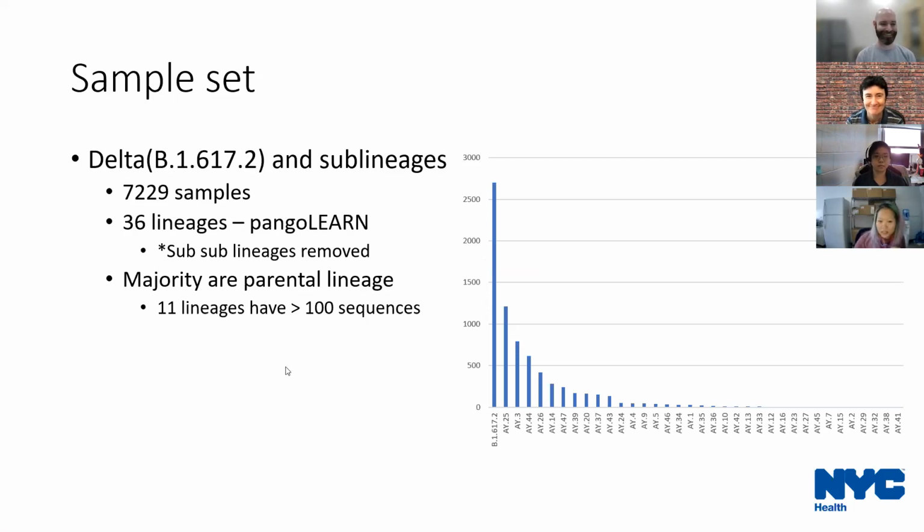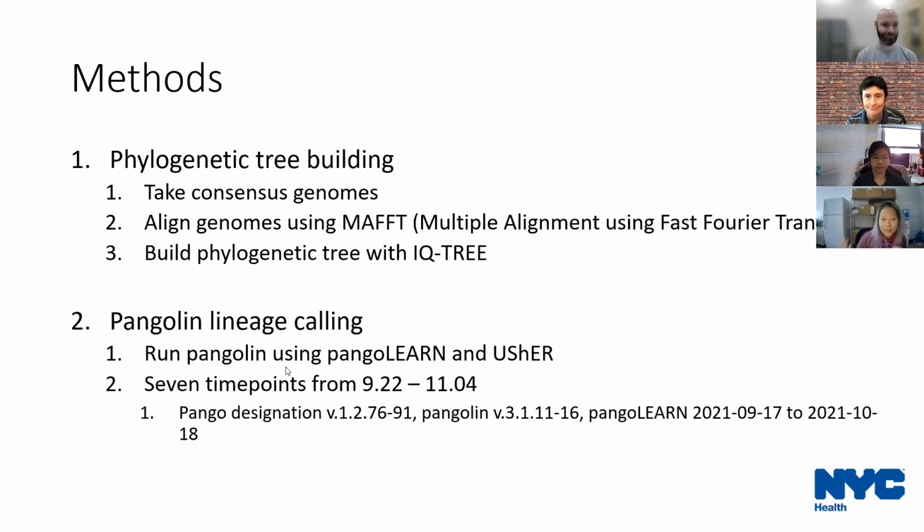You can see on the bar graph on the right that the majority of it still is just overwhelmingly the parental lineage, which is delta. We have a lot of AY25, AY3, but there's still only like 11 lineages that even have greater than 100 sequences. So our methodology was basically, let's take these sequences, let's build a tree. So we took our consensus, aligned it.